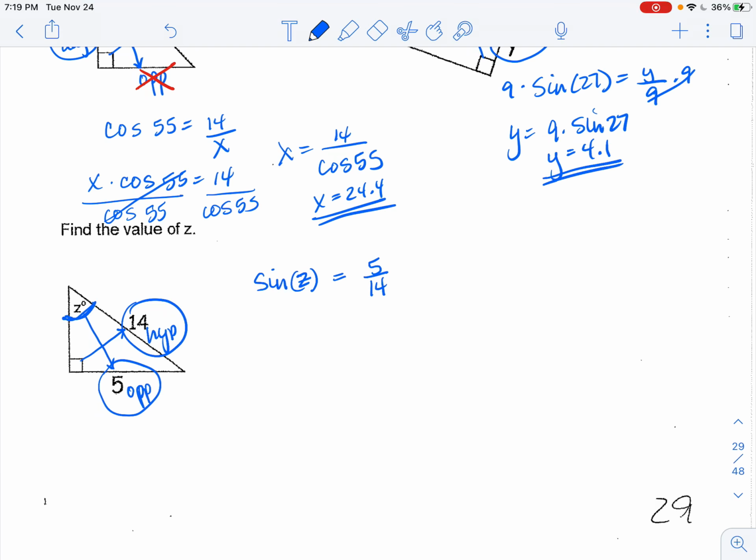In order to solve this one, we have to undo sine. So to undo sine, we have to take the inverse on both sides. The inverse is going to cancel the sine, and you're going to end up with z equals. So z is equal to the sine inverse of 5 over 14.